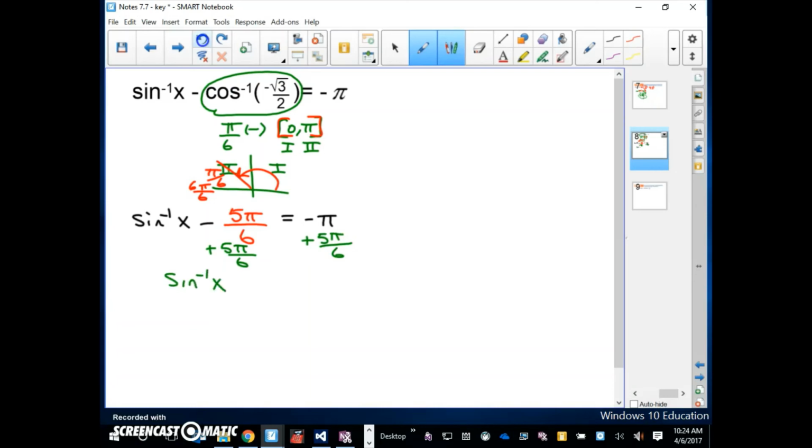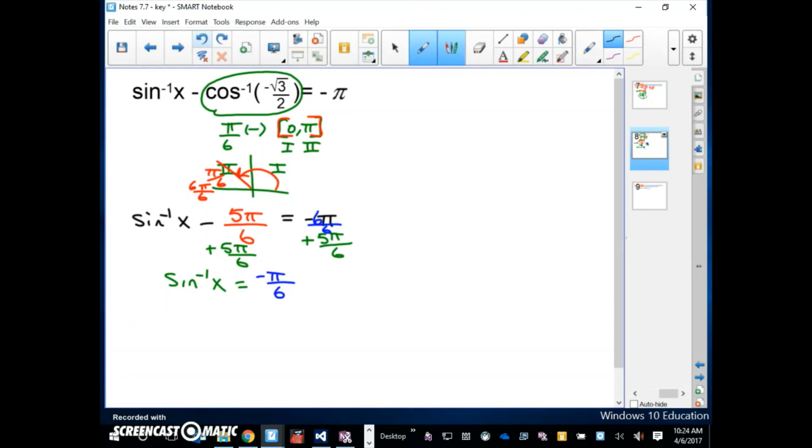So inverse sine of x equals what we would get when we add those. Well, let's get a common denominator. Negative pi would be the same thing as negative 6 pi over 6. When we add that 5 pi over 6, that's going to be negative pi over 6. Inverse sine of x equals negative pi over 6.